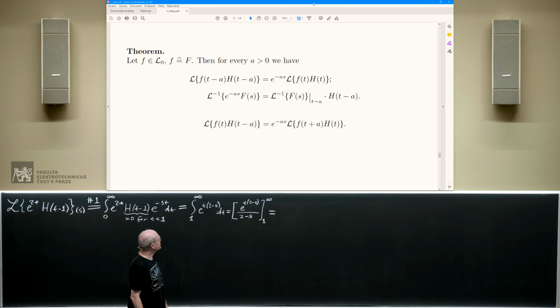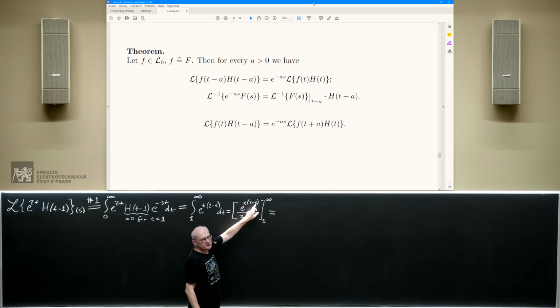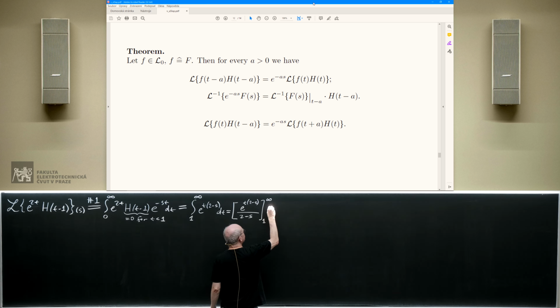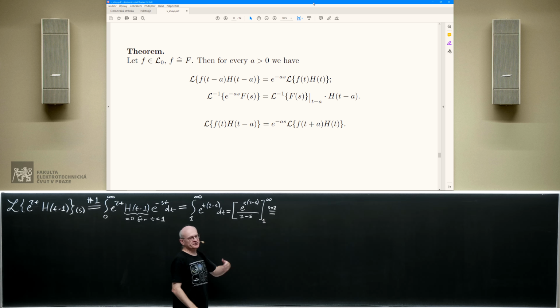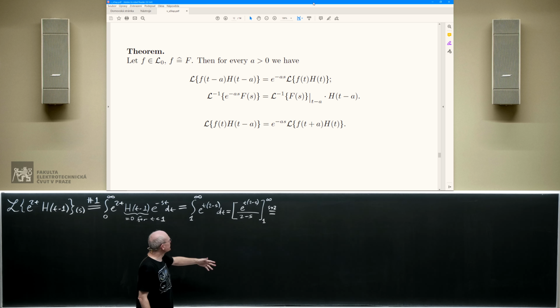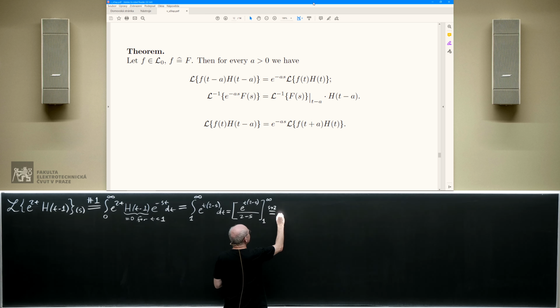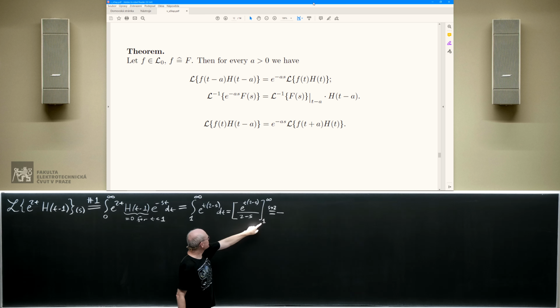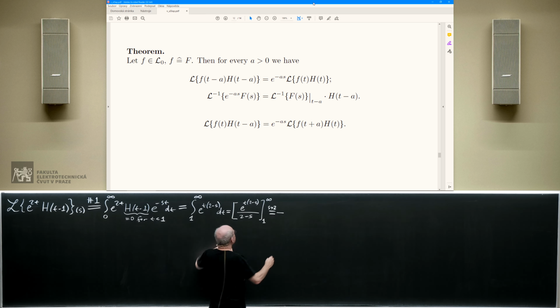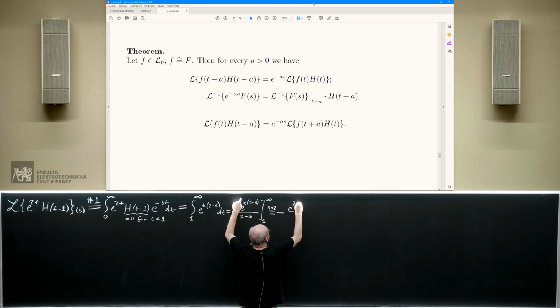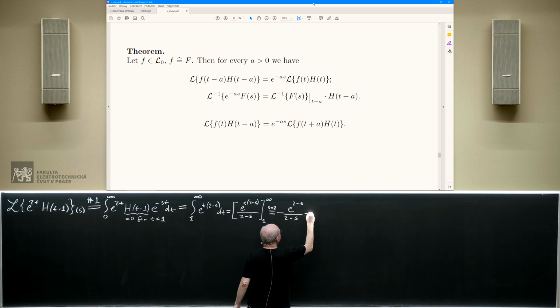And the way I see it, s should be more than 2, so that we get a nice convergent answer. This is the usual trick. And if s is more than 2, then we get e to negative infinity, which is 0, no problem there. Then we are subtracting, and we are substituting 1 into the picture. So we are getting e to 2 minus s divided by 2 minus s.